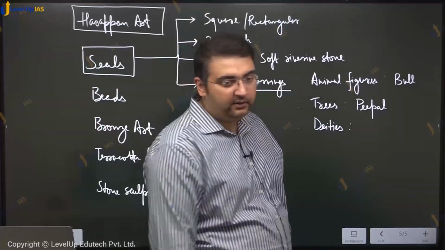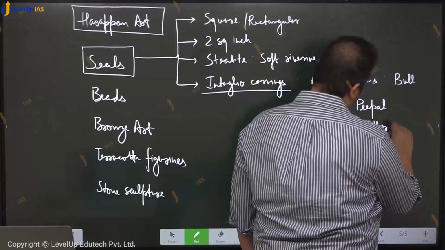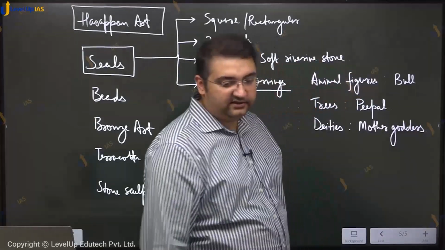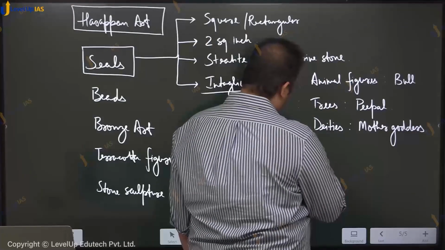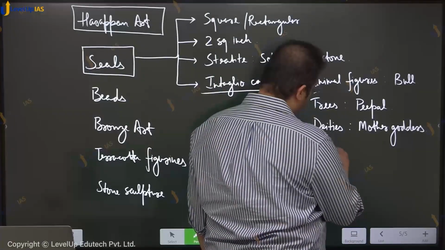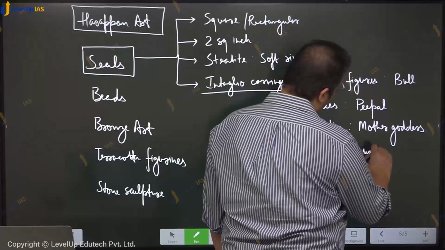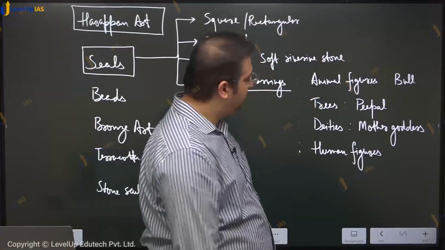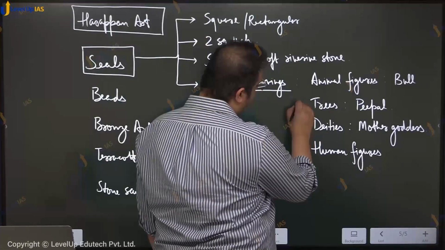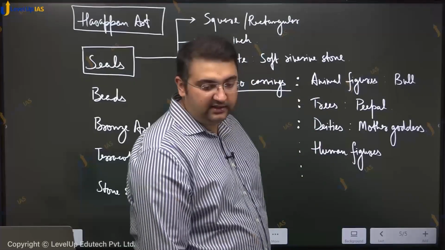Most frequently, the mother goddess is depicted. Do we find any human figures? Yes, human figures are also found. And along with all this, almost all seals also carry an inscription in the Harappan script.